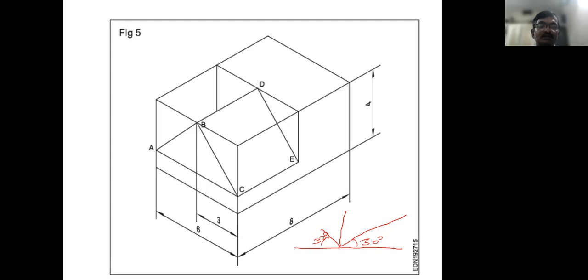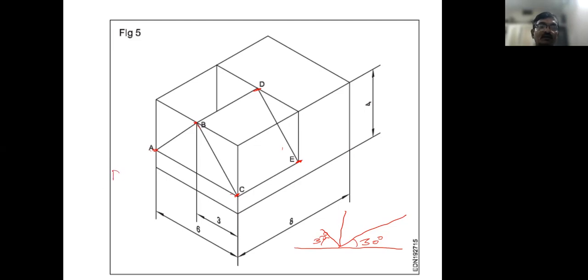Here some of the lines are non-isometric lines. For example, you observe A to B, B to C, and another one, D to E. These three edges are not parallel to the isometric axis. They are called non-isometric lines.